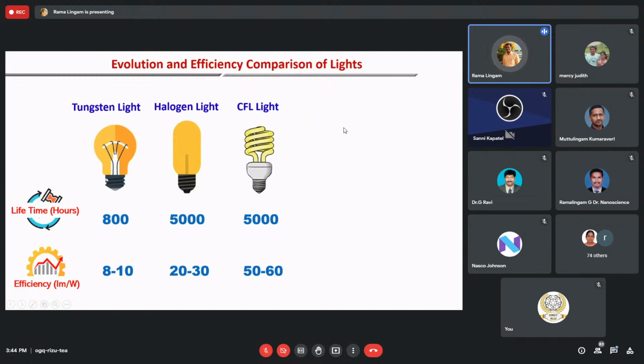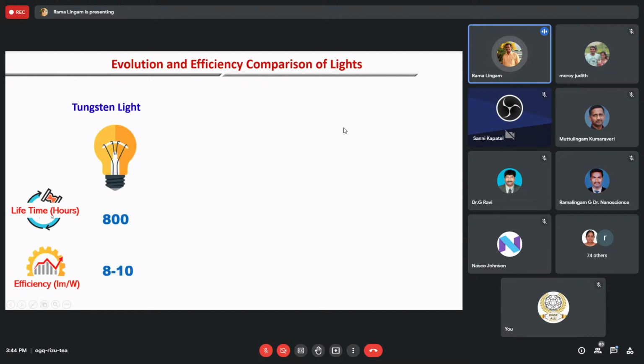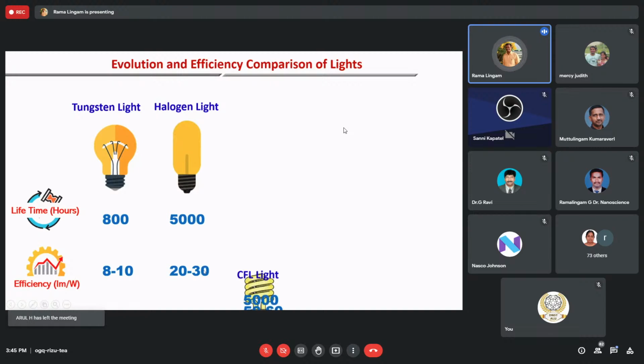So now let's discuss the lifetime and efficiency of tungsten lights. This is the initial state. The lifetime is 800 hours and the efficiency is 8 to 10 lumens per watt. Similarly, the halogen lamp has an increased lifetime of 5,000 hours, and the efficiency is 20 to 30 lumens per watt.